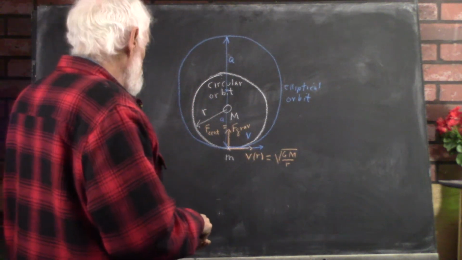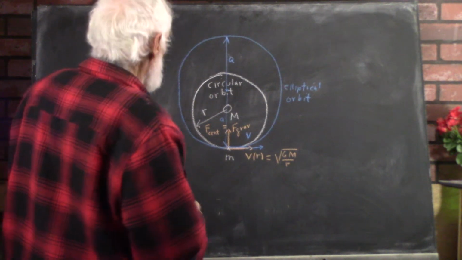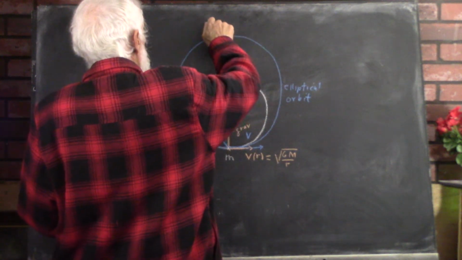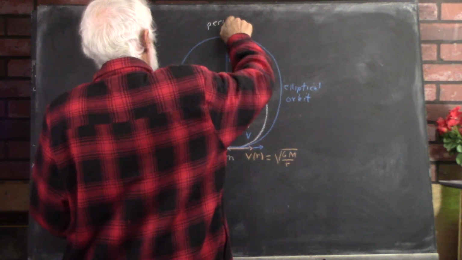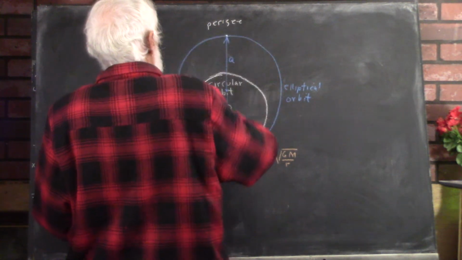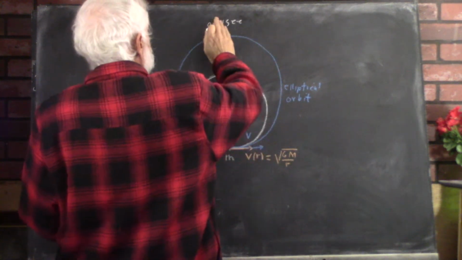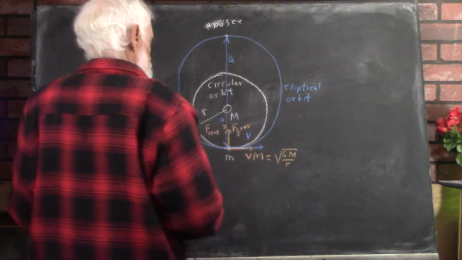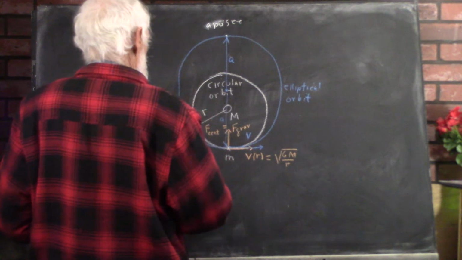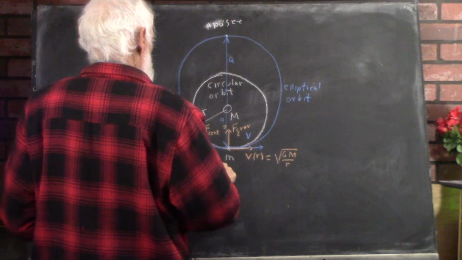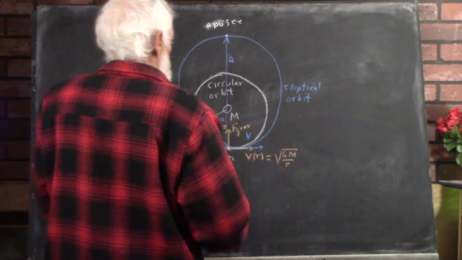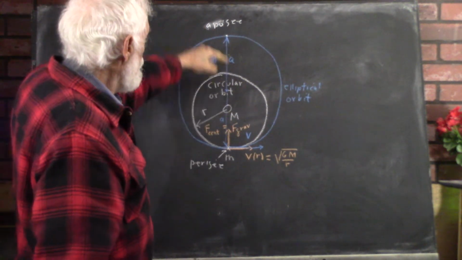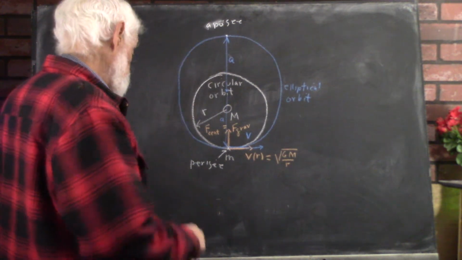These points have names. The point out here is called your apogee, and this point is called your perigee. Perigee is closest to the planet. Apogee is the point that's furthest from the planet.